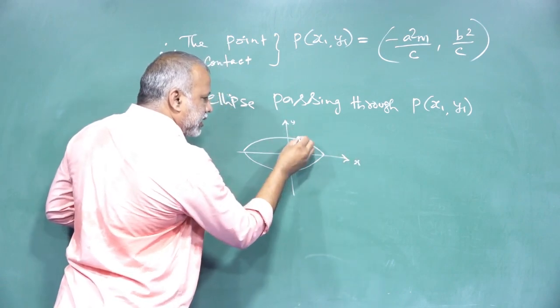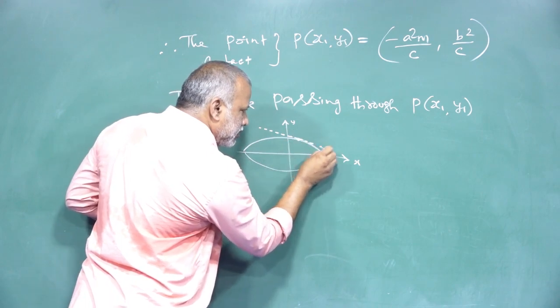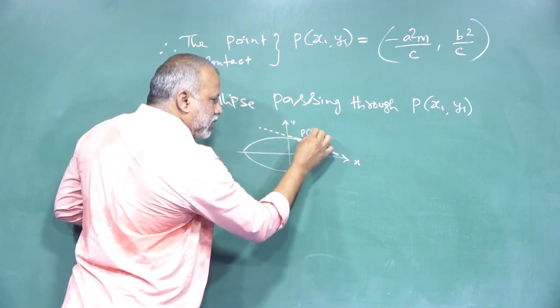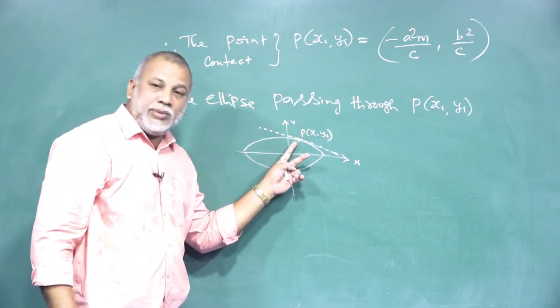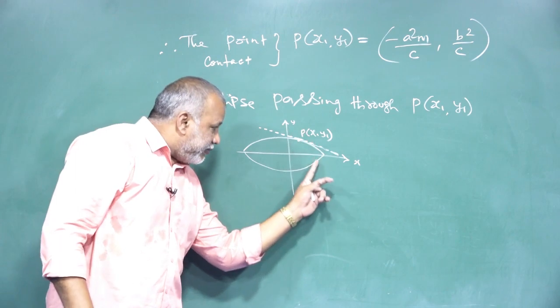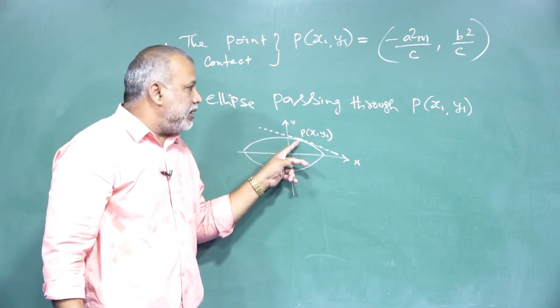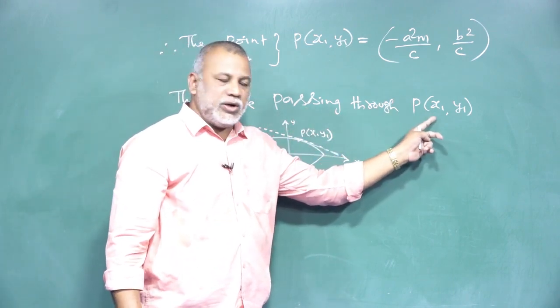See here, consider a point here. So this is said to be a tangent at P of x1 comma y1. So the tangent contacts at P of x1 comma y1. Therefore this ellipse must pass through the point P of x1 comma y1.